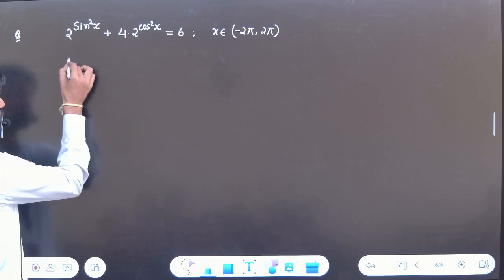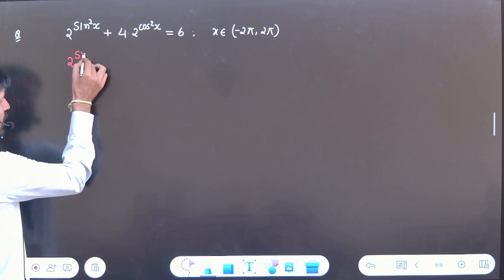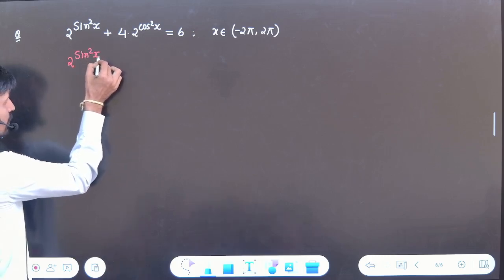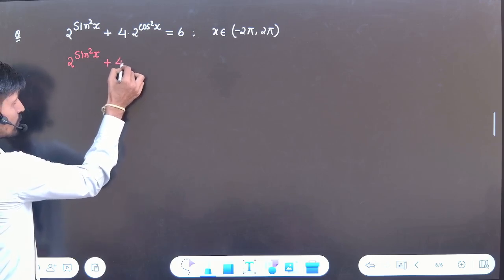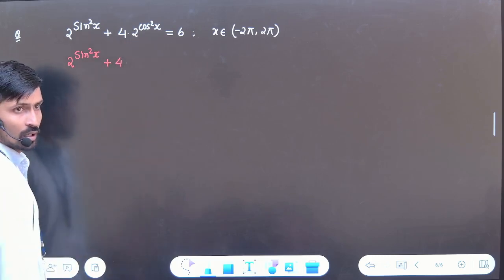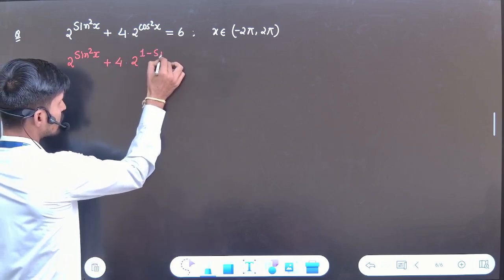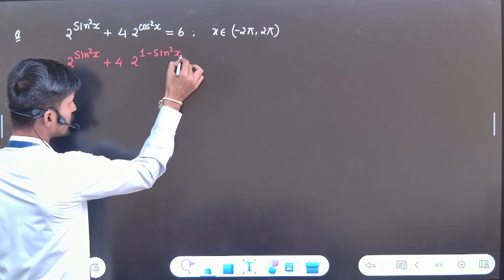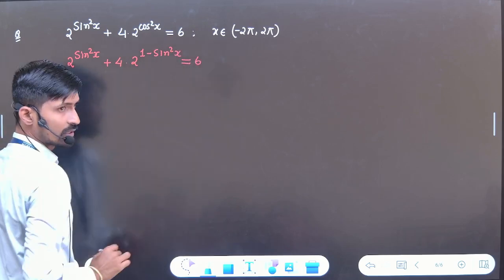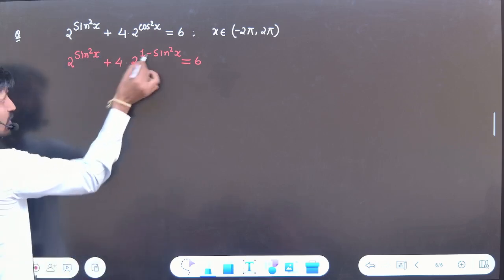First of all, 2 sin square x I will write as it is, plus 4 into 2 raised to 1 minus sin square x is equal to 6. Now, can you see sin square generated?